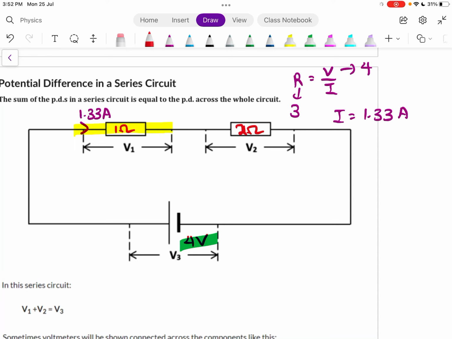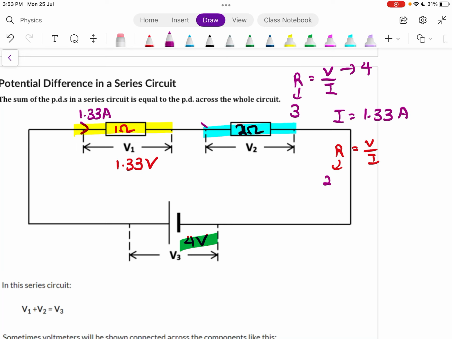So 1.33 ampere is going to flow through the first resistor. So 1.33, of course, you simply just use R equal to V over I. So 1.33 times 1 will give you a voltage of 1.33 volts. Okay, what about the second one? The second will be 2 ohms. So R is, okay, I'm just focusing your attention on the second resistance, which is 2 ohms.